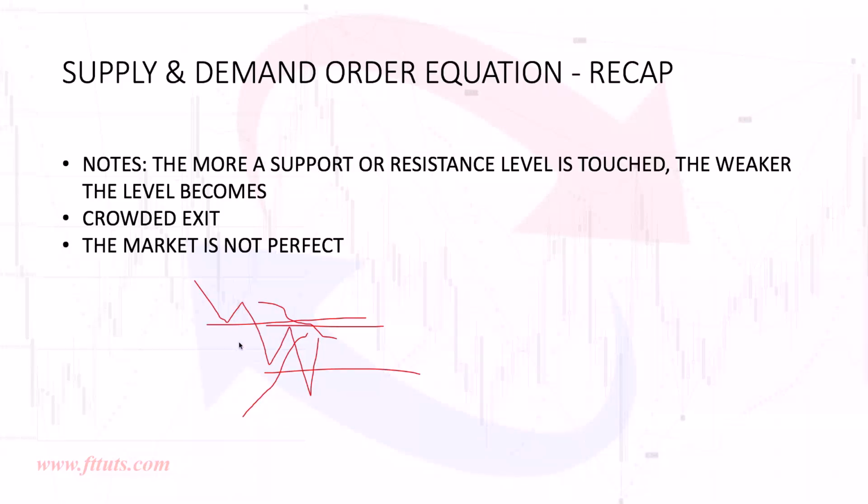Sorry about this drawing, but you understand what I'm saying, where you've got support there, and then you've got a level of potential resistance, a moving average, a level of supply in this level here, and the market will potentially spike through, or go through, and then reverse back.